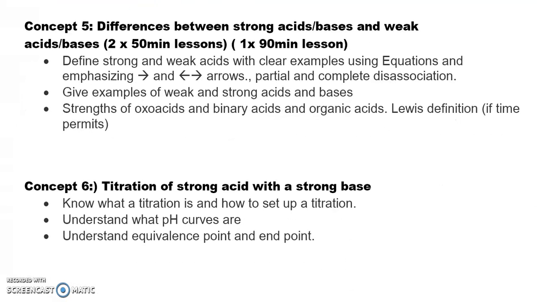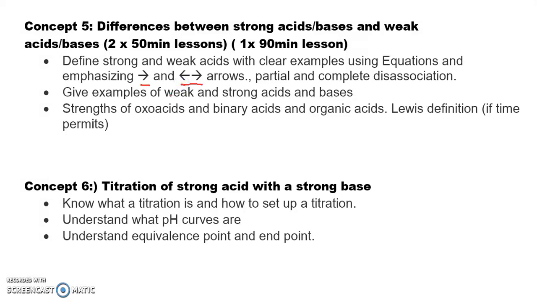Concept 5 and 6. So let's look at concept 5 and 6. Concept 5, differences between strong acids and bases and weak acids and bases. Again, we need to understand the emphasis of complete and partial dissociation. So if we look at complete dissociation, it has a solid arrow, while double-headed arrows will indicate partial dissociation, so weak acids.